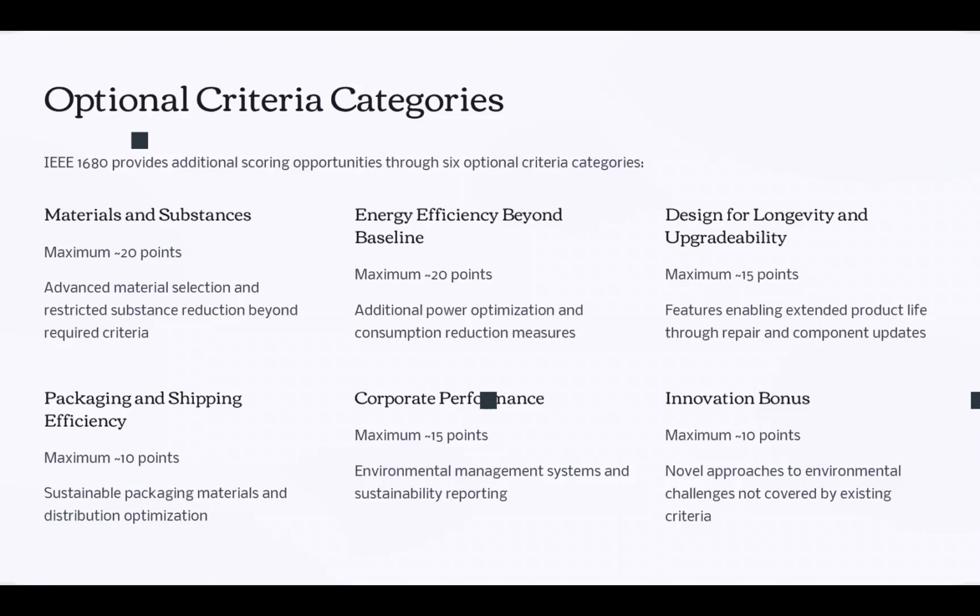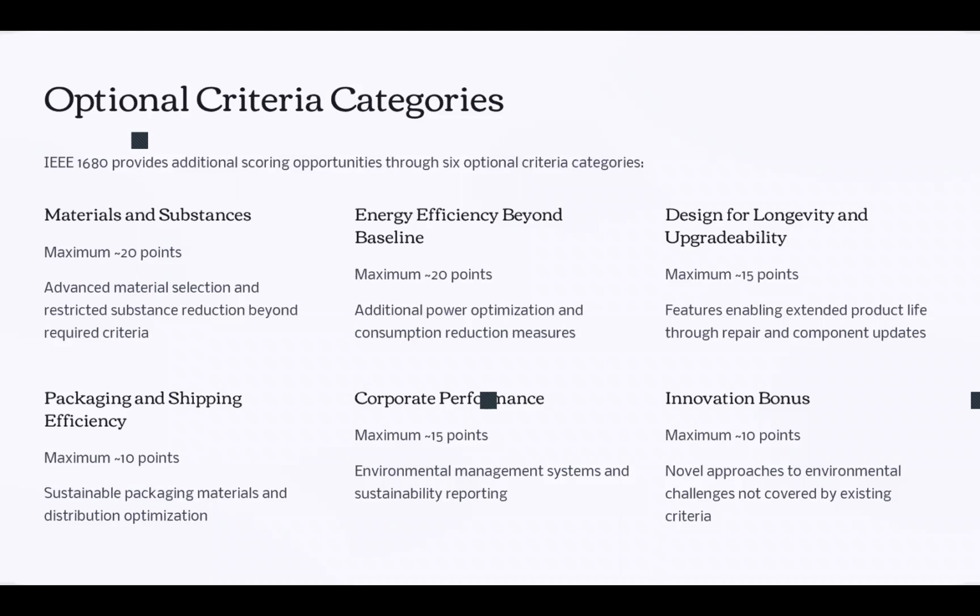Now we have packaging and shipment efficiency, which can earn up to 10 points, and this encourages using less packaging or recycled materials and smarter logistics. The corporate performance category also contributes up to 15 points. This looks at how well a company manages its environmental performance overall. So it includes transparency, ethical sourcing, and fair labor practices.